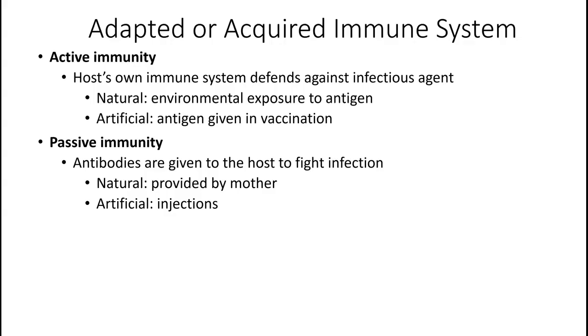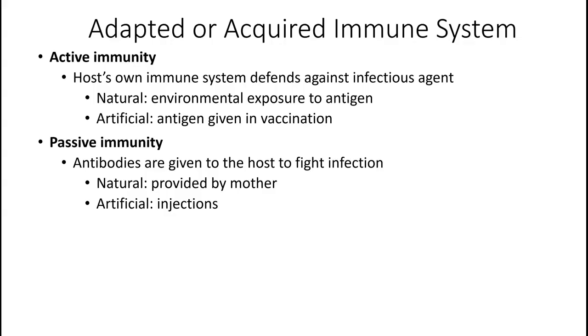So with active immunity, if we had natural exposure, like getting the flu, now our body is able to recognize that pathogen and make antibodies against it. Or we could artificially be introduced to that antigen through a vaccine. With passive immunity, the only way that we can have natural passive immunity is passed from mother to baby.